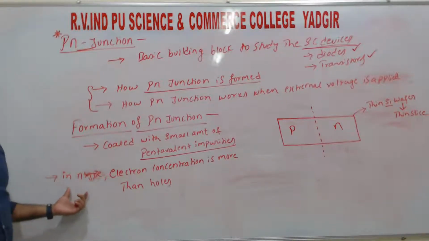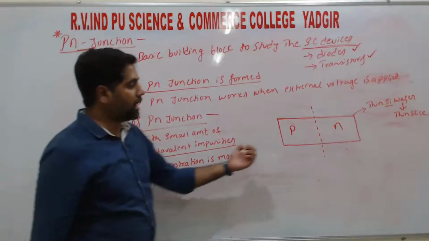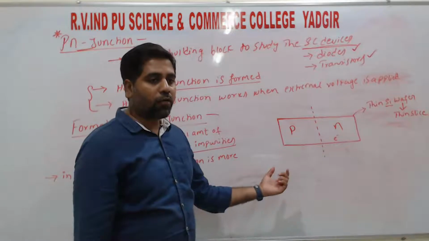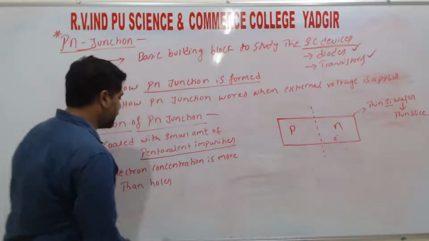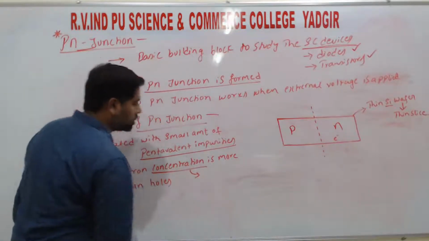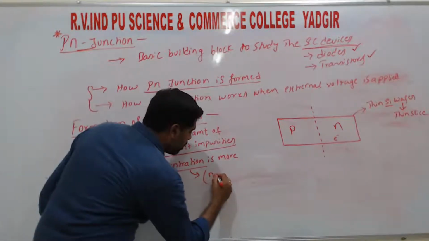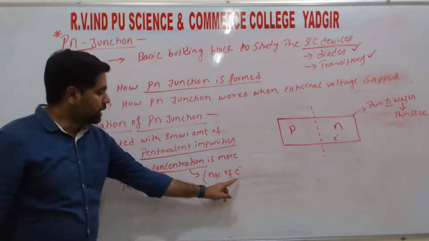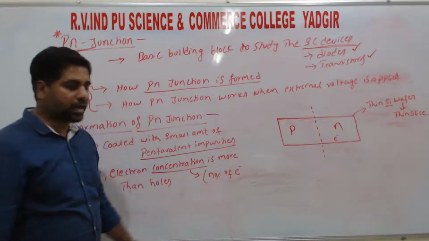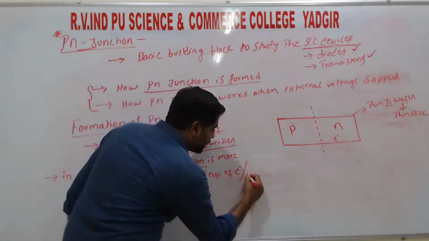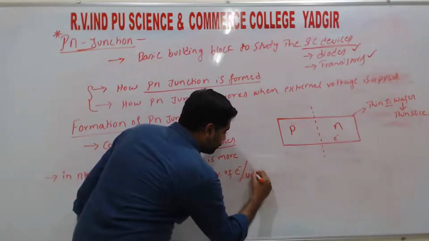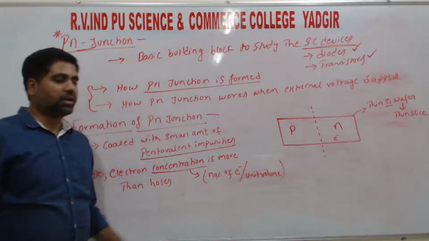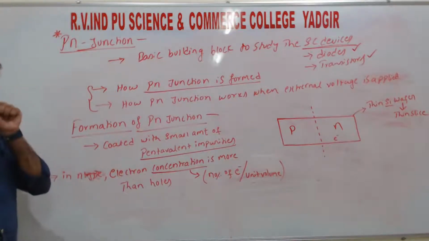Concentration is nothing but the number of electrons per unit volume, right? Electrons are denoted by e with a minus power, right? So the number of electrons per unit volume is what we call concentration, right?